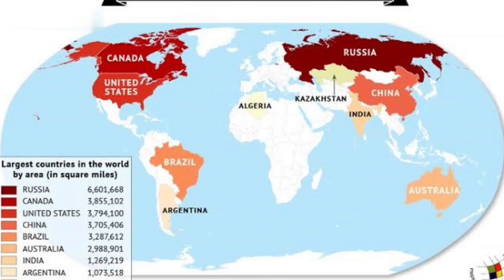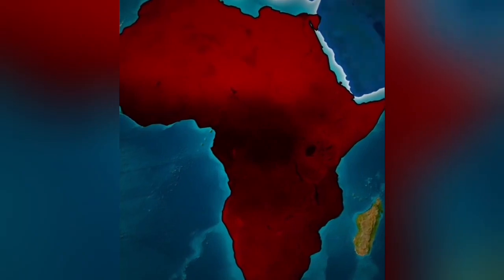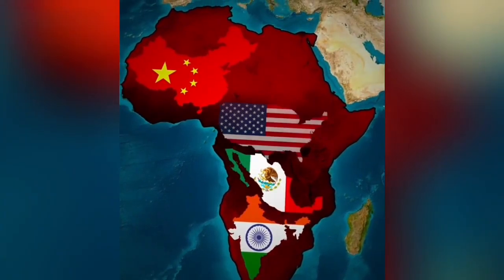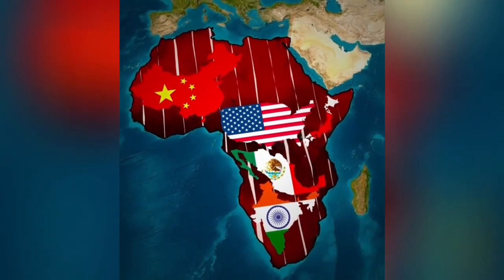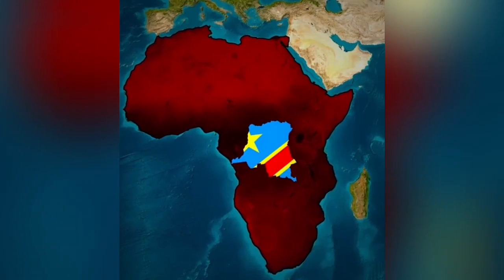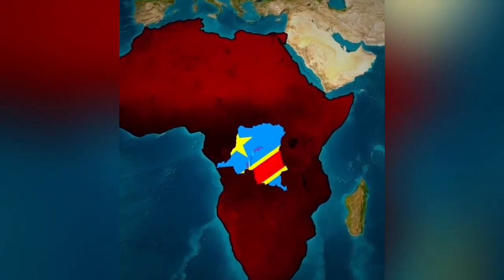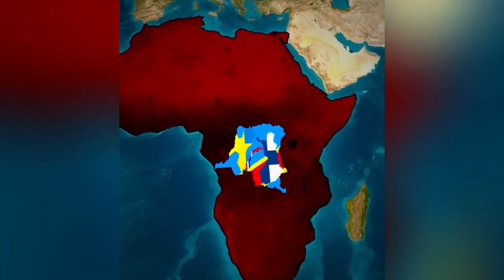To give you a perspective, you can fit the United States, China, India, Japan, and most of Europe inside Africa and still have room left. Massive. You could fit China, India, Mexico, the US, and Japan inside it, and there would still be plenty of space left. Just one country, the Democratic Republic of the Congo, is bigger than Norway, Sweden, and Finland combined.